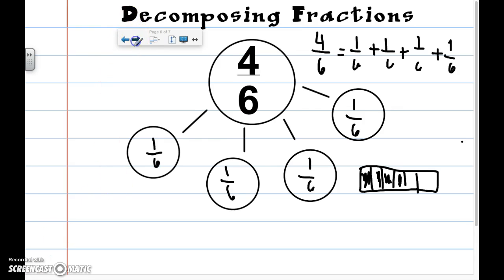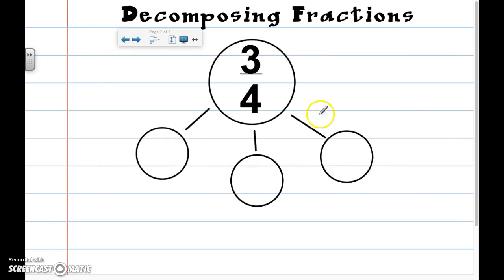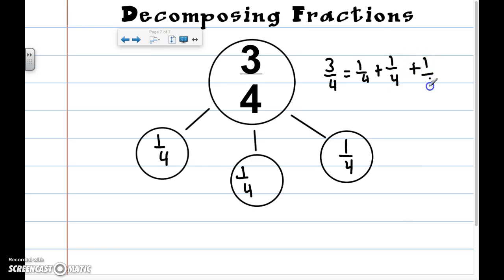Let's look at one more decomposing. 3/4. So 3/4 is really 1/4 plus 1/4 plus 1/4. I broke 3/4 down into each individual piece, which is 1/4. So 3/4 is the same as 1/4 plus 1/4 plus 1/4.